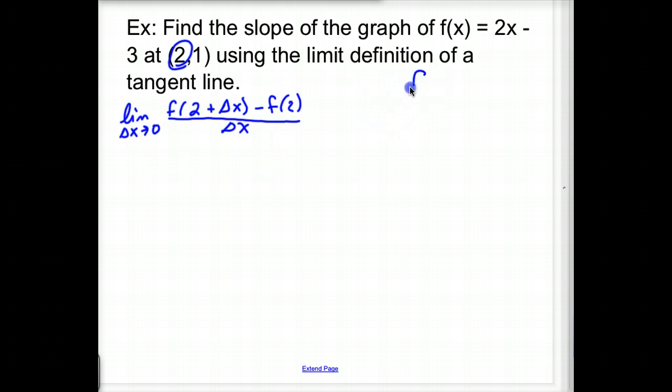So first we need to find f of 2 plus delta x. And remember to plug in 2 plus delta x in place of the letter x. Don't just add on delta x at the end.